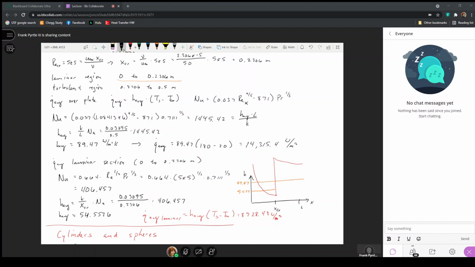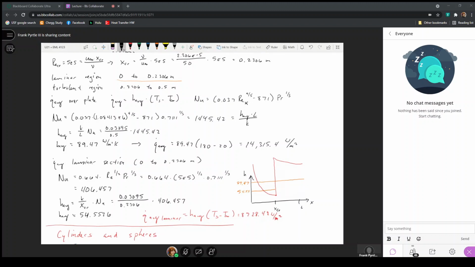So for this Reynolds number, which is where that transition point occurs, the Reynolds number will be set to 5 times 10 to the 5th, using the same Prandtl number evaluated at the film temperature. We get the Nusselt number. We can then calculate the average heat transfer coefficient here, which is 54.5526. And if we multiply by the temperature difference between the surface and the fluid, then we can get the average heat flux in the laminar region.